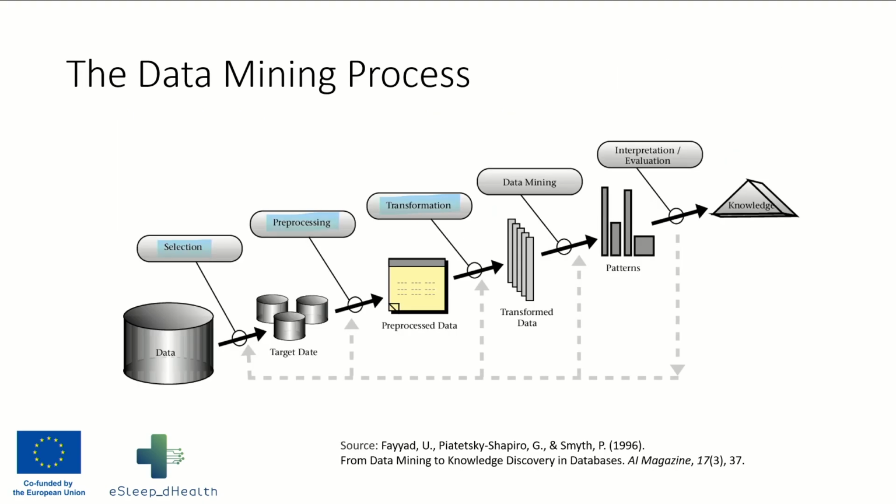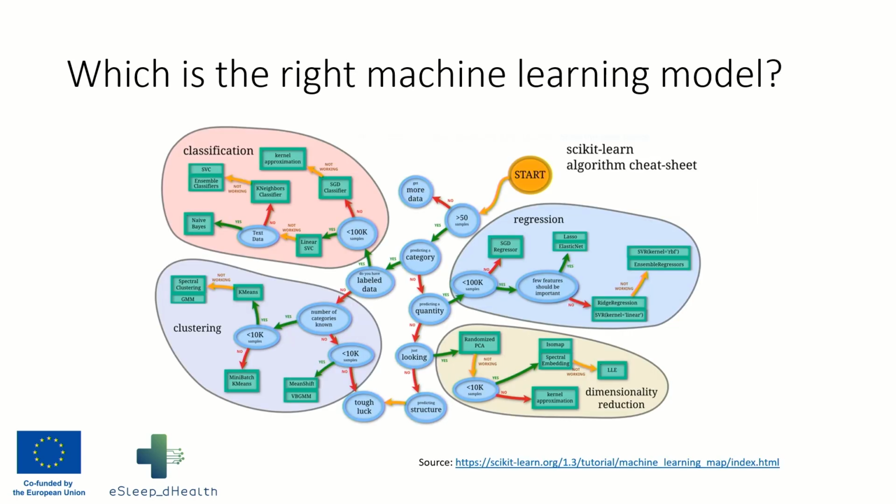And now we go on up the ladder of the data mining process. The next stop is the data mining itself, so training the model. And I already showed you 2 models so far, the k nearest neighbor and the decision tree. But if you look at this map, there are many more.